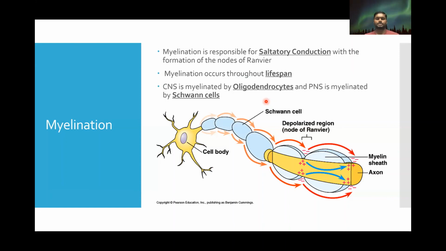So before the myelination, when the baby's just born, these axons, these connections, these signals dissipate before they have a chance to communicate. But once they myelinate, these reflexes disappear and the baby loses the reflexes that it had at birth. Now, the CNS is myelinated by oligodendrocytes and the PNS is myelinated by Schwann cells.